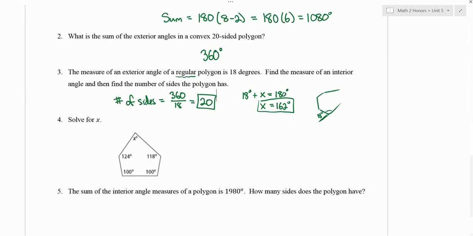On number 4, we have a 5-sided figure, a pentagon. It's not regular because we have different angles we're looking at here, but we want to find the measure of angle x.